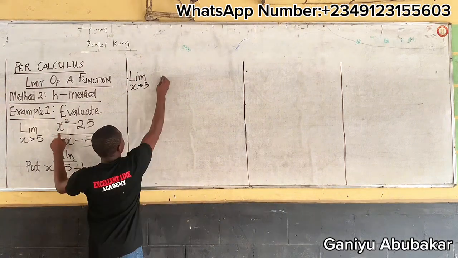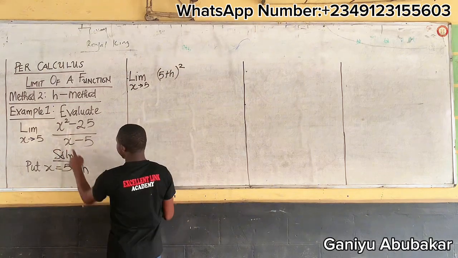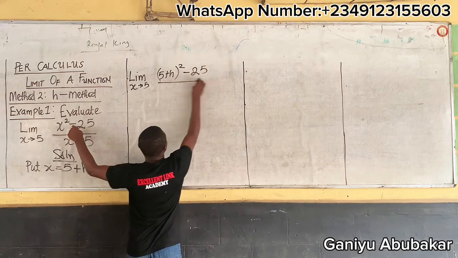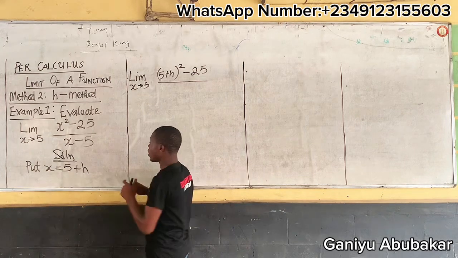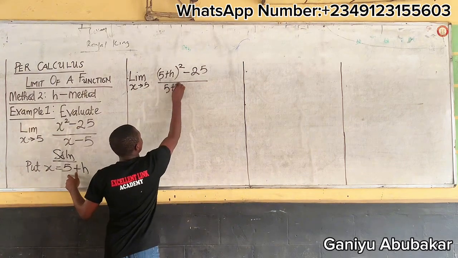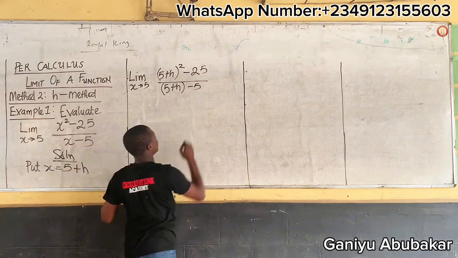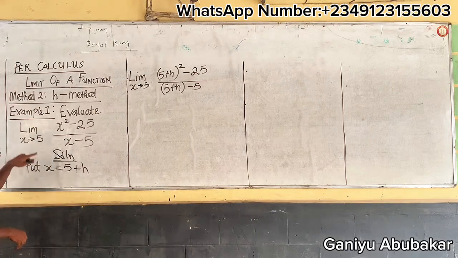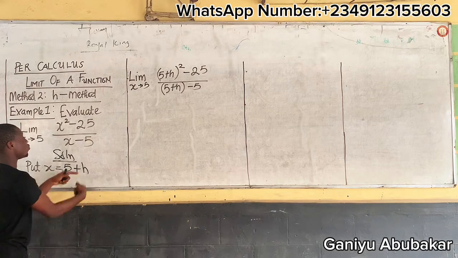So I have 5 plus h all squared, minus 25, all over x minus 5, and x should be 5 plus h. So I have 5 plus h, right? Next up, minus 5. As easy as that. Your step 1 is that for the given value here, add h to it. Next up, substitute the value into the given expression.